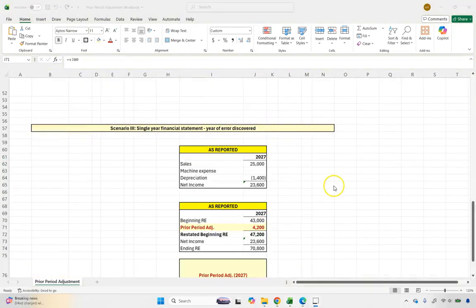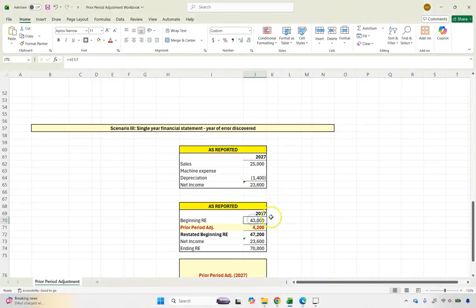Okay. Third and final scenario is if we only report a single year financial statement, which in our scenario is 2027, the year we discover the error. So here's my income statement. My sales at 25, depreciation expense 1,400, net income 23,600.